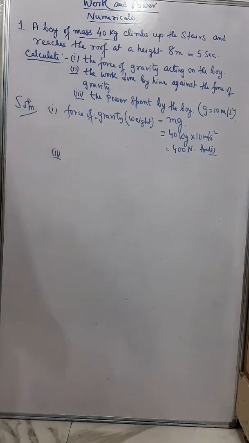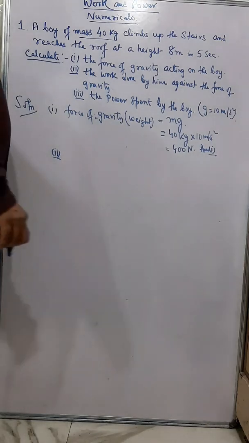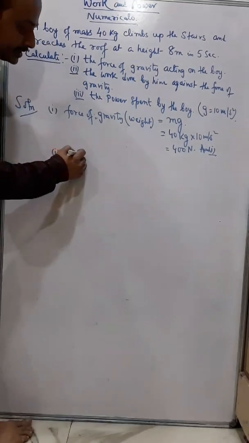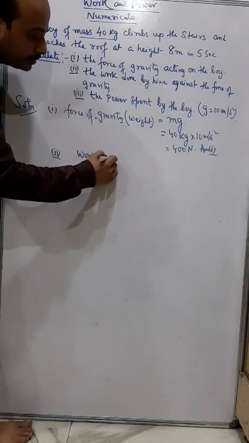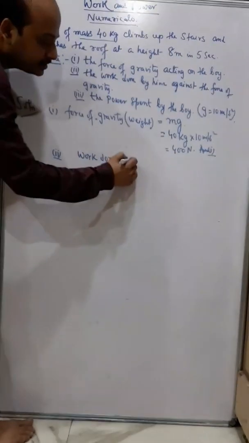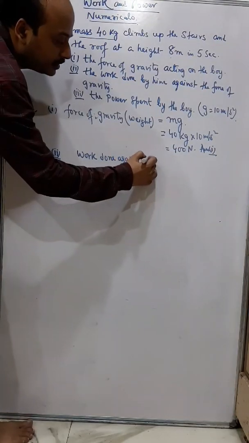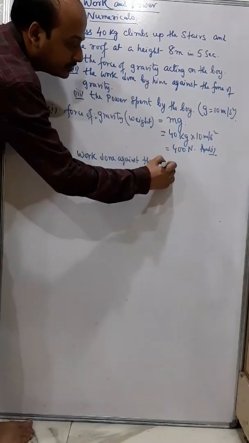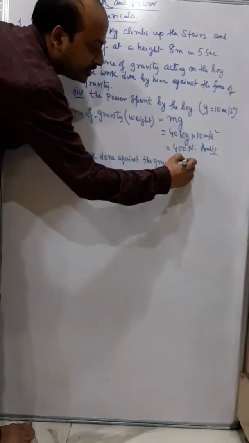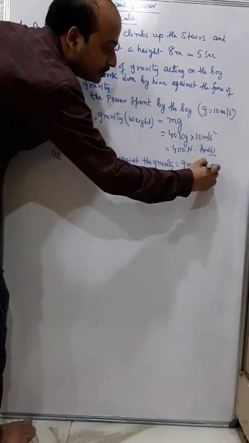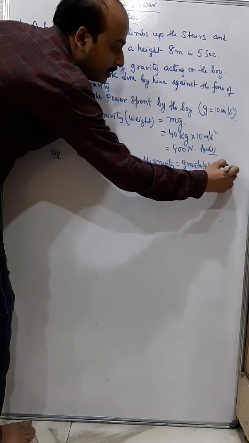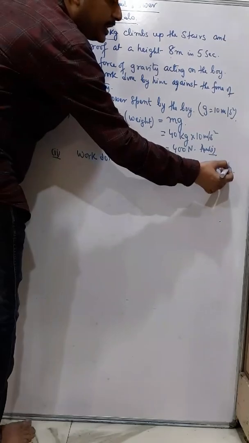Okay, number 2. Now they told the work done by him against the force of gravity. Now work done by him against the force of gravity actually means gravitational force into height, because gravitational force is the force and height is displacement.